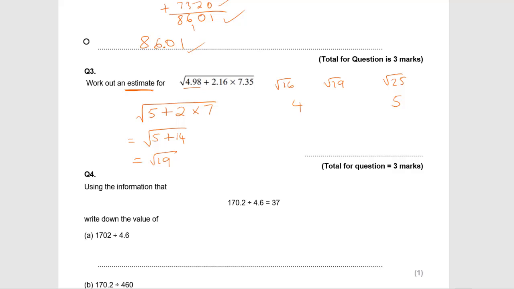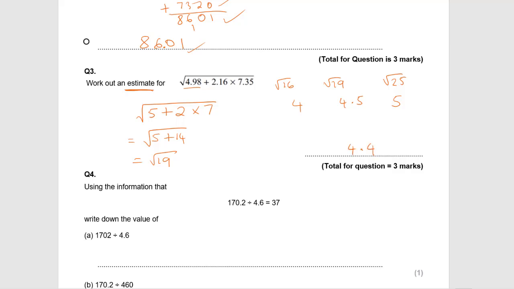Now 19 is just below halfway. It could be either 4.5 or less. So I would say, because it's just below, that it is 4.4.